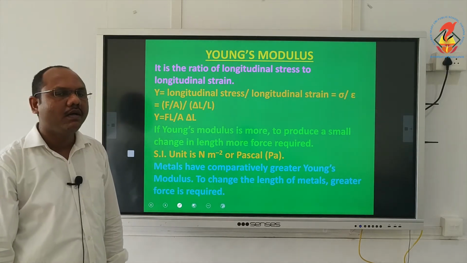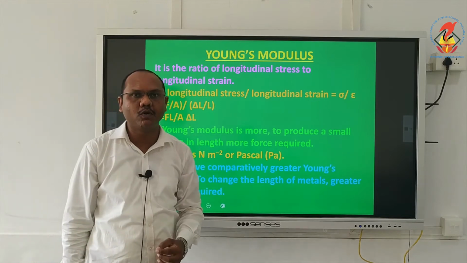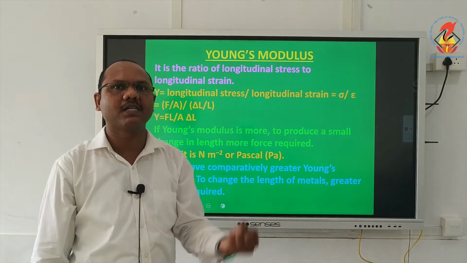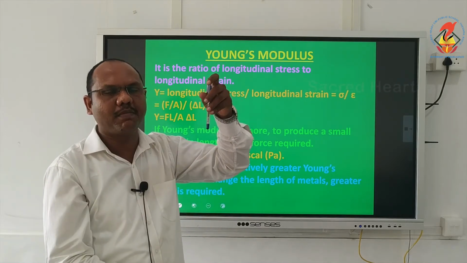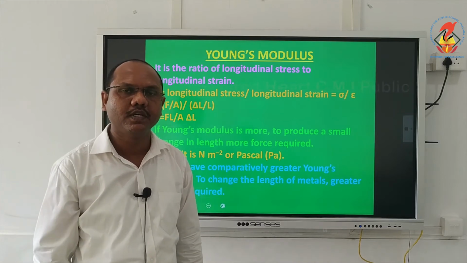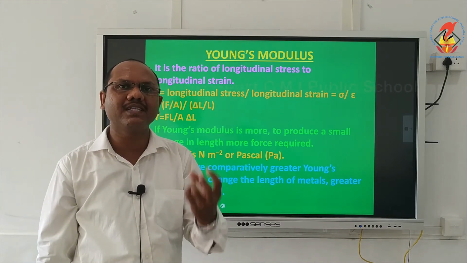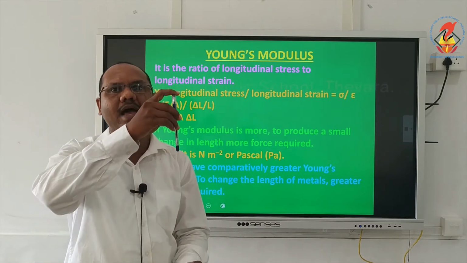Suppose a wire is hung from a rigid support and I have put a mass, so that due to the weight of that mass hung, the wire is extending downwards. So the cause for the extension of the wire is the mass that I have hung there.